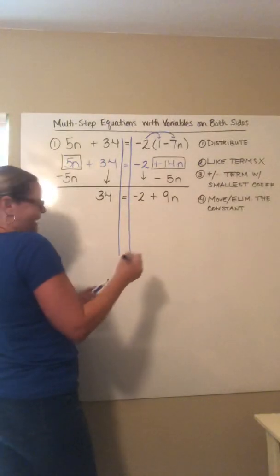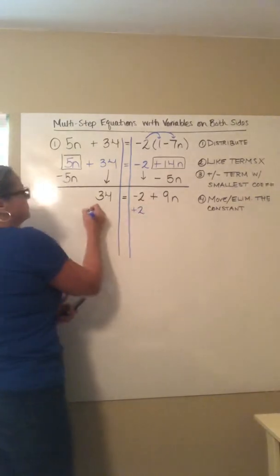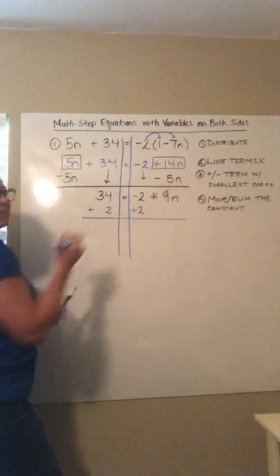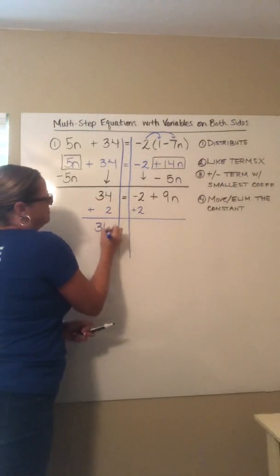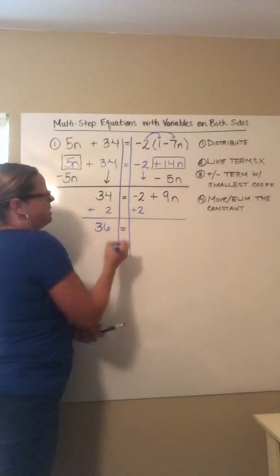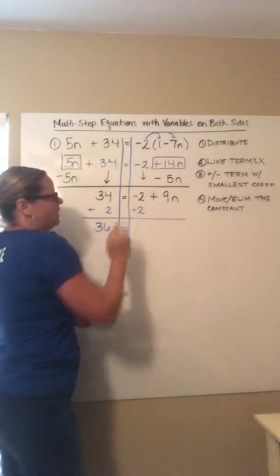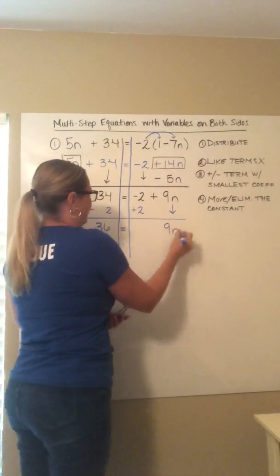So I'm going to go ahead and add it because that would be the inverse. And I'm going to again work from left to right. So 34 plus 2 is 36. Bring down my equal sign. -2 and +2 make 0. I've now eliminated this constant, and now I only have this one term on that side.